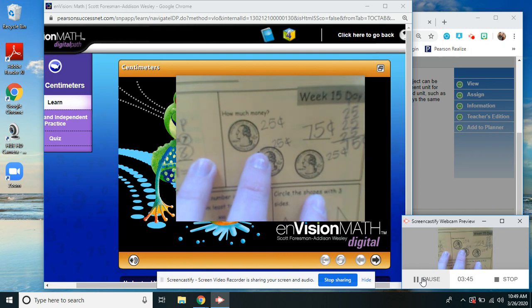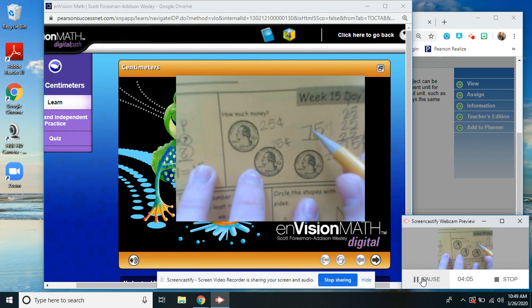75 cents. Do not forget your unit. You need to have a cent sign in order to show what it is. If I erase my cent sign, 75 could mean $75, 75 cats, 75 boats. You need to tell us what 75 means. What is it standing for?